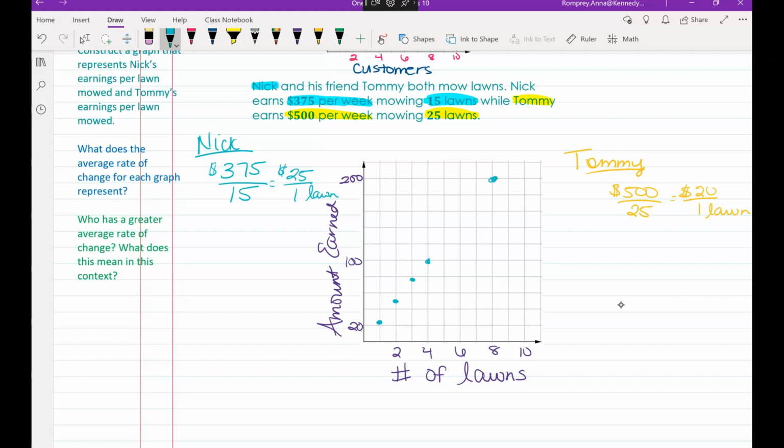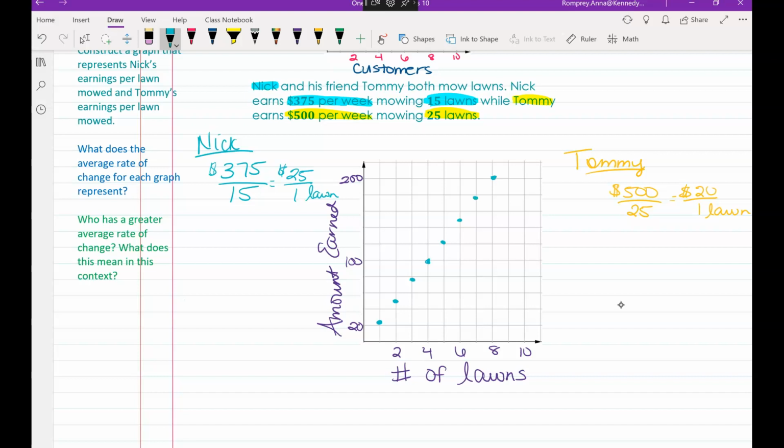I just took the easy one. So 5 lawns, $125. 6 lawns, $150.